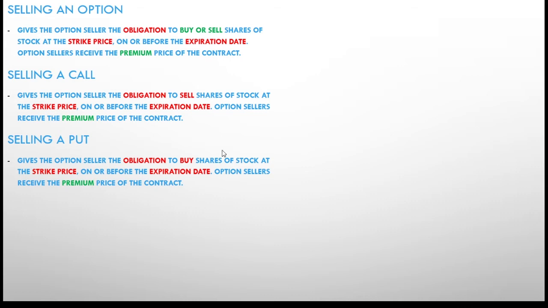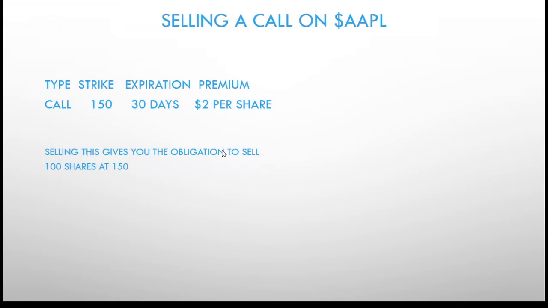Now let's go back to Apple and take a look at an example. If we were to sell a call, selling the 1 month call at a $150 strike price with a $2 premium, this would give you the obligation to sell 100 shares of Apple at $150 on or before the expiration date in a month. Now you've capped the upside for these shares for the next month at $150.